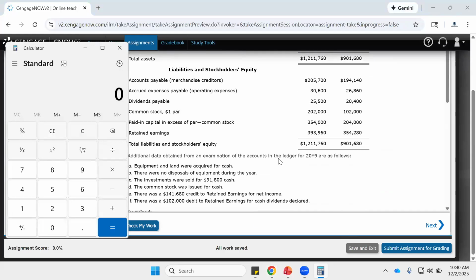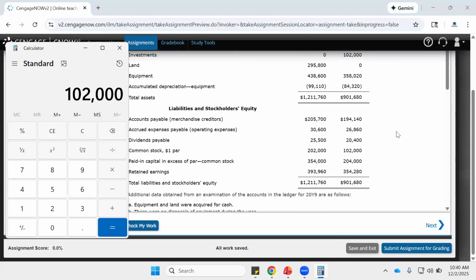And we had 102,000 in declared dividends during the year. And we know that we paid out the dividends that were payable last year, so we can add 20,400 and then we subtract 25,500 and we get 96,900.